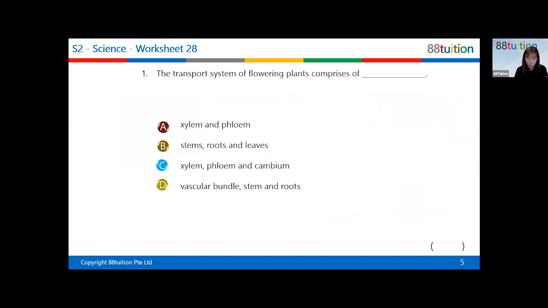When we talk about this, I mentioned just now, the transport system of plants consists of xylem and the phloem. If we were to link this back, I was teaching the Sec 1 on the topic cells, so I had to even bring in xylem and phloem and teach them. I was thinking, why is it that Sec 1 and 2 syllabus, they can't combine cells as well as transport system?